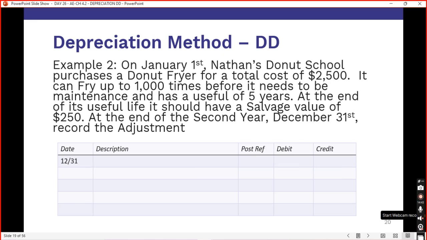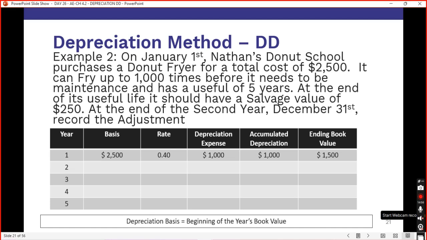Now, what about the second year? What happens if it's the second year, and we want to know, on December 31st of the second year, we need to record the adjustment. So here, how do I know the depreciation basis, since this is the beginning of the year's book value?